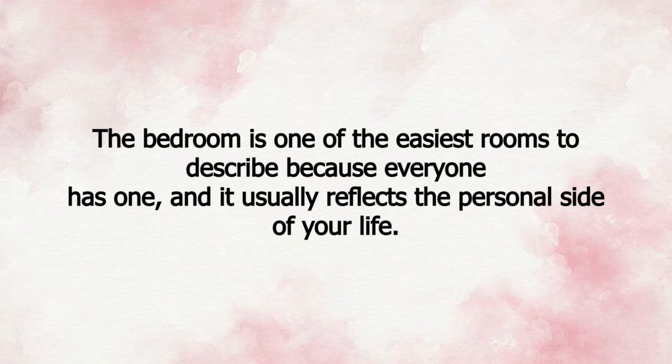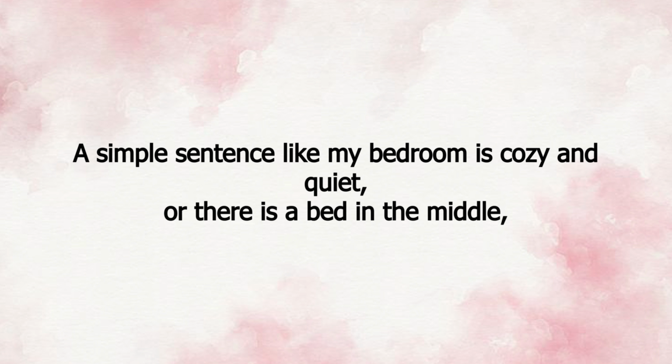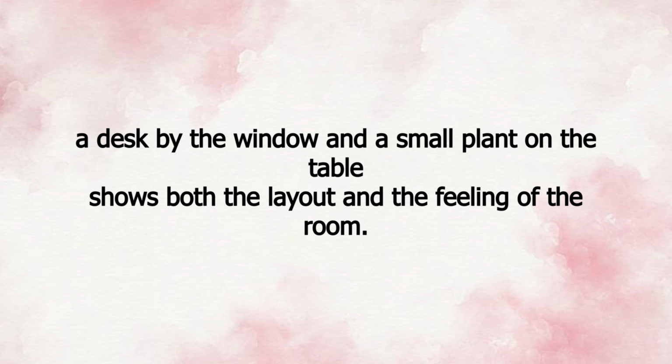The bedroom is one of the easiest rooms to describe because everyone has one and it usually reflects the personal side of your life. A simple sentence like, my bedroom is cozy and quiet, or there is a bed in the middle, a desk by the window, and a small plant on the table, shows both the layout and the feeling of the room.